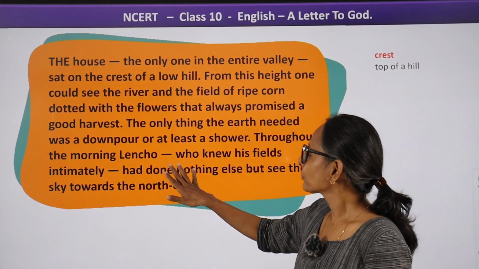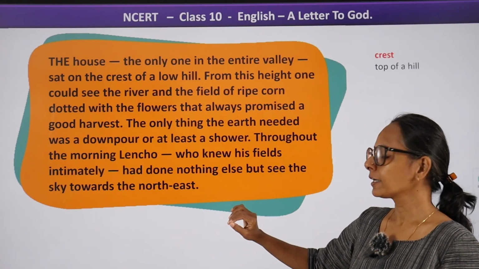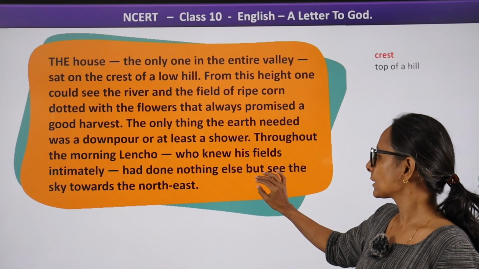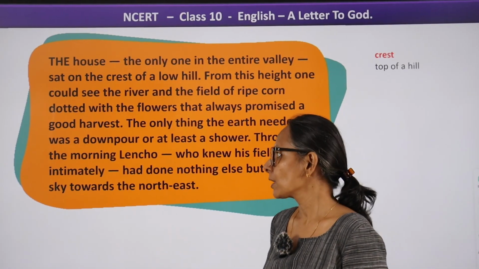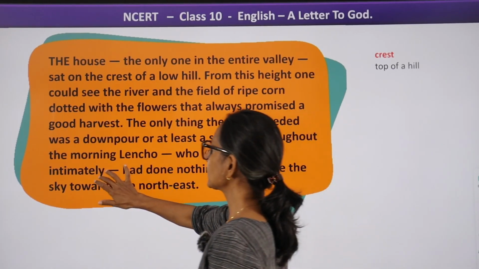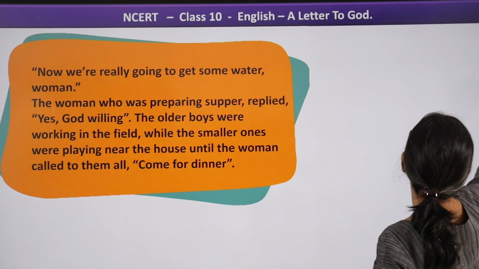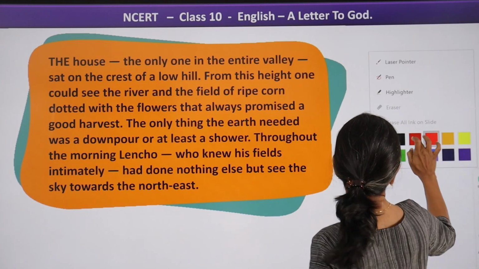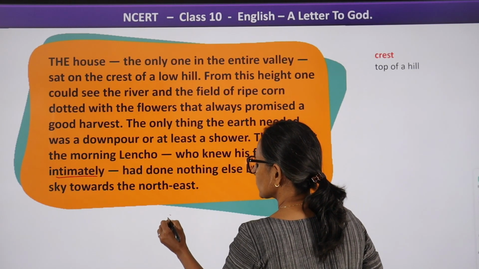Throughout the morning, Lencho, who knew his fields intimately, had done nothing else but see the sky towards the northeast. So there is one word for which we need to know the meaning here. This is intimately, which means closely.